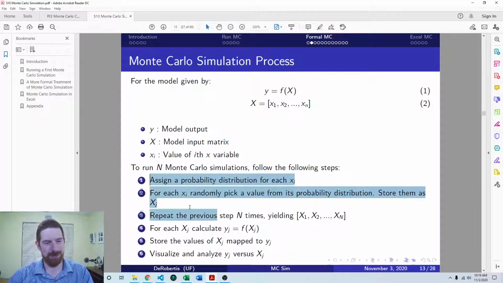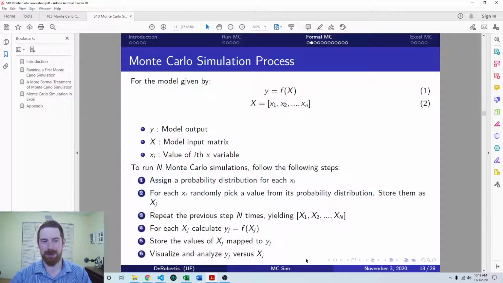The only thing that's different here is this random piece. We assign a probability distribution to each input, and we randomly pick the value of the input from the distribution each time that we want to run the model.